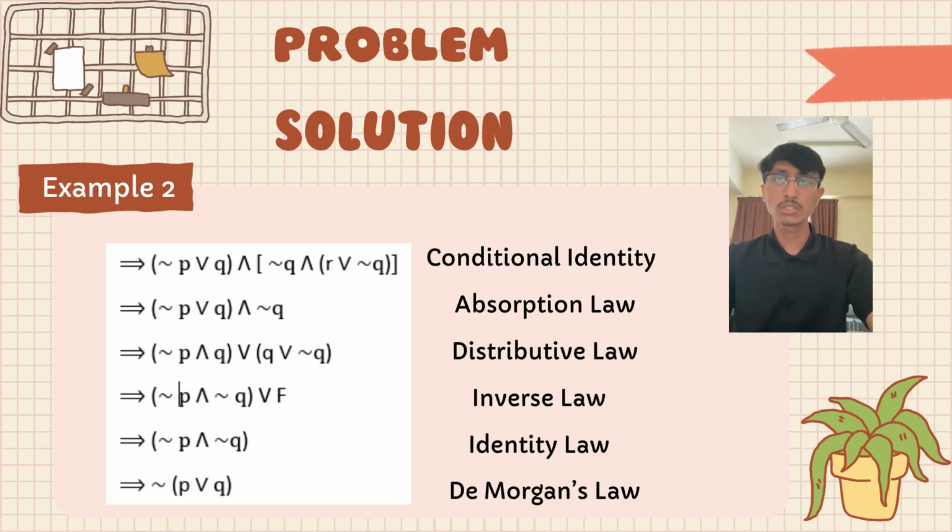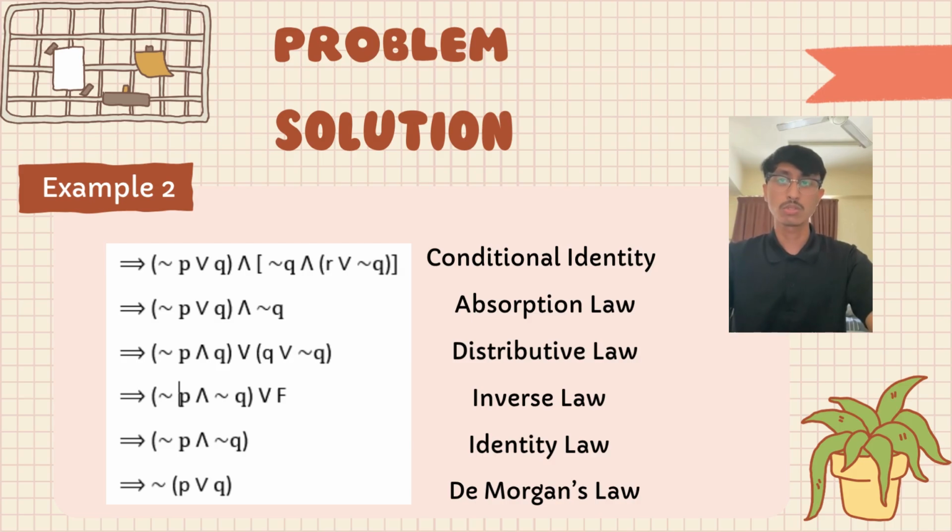After that, we need to use inverse law because Q and not Q is always false. Then the expression will become open bracket not P and not Q, close bracket, or false. Then we will apply the identity law because adding false to any statement using or does not change its value.